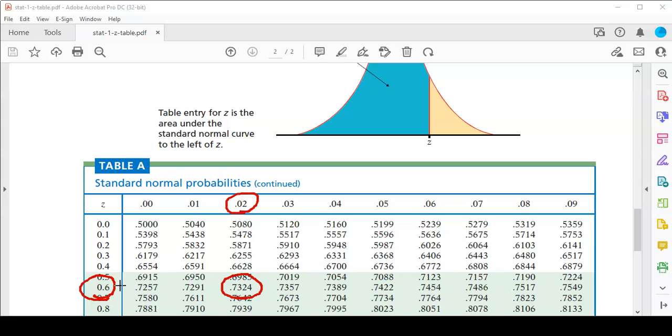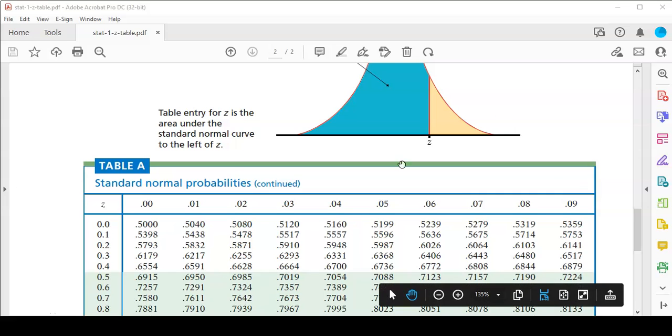So the probability we are looking for is 0.7324. And record this on a piece of paper too, because when I get out of this drawing mode, I'm going to lose this highlighting too. 0.7324. Is that the answer? Compare that with your picture. Is that the answer? 0.7324.